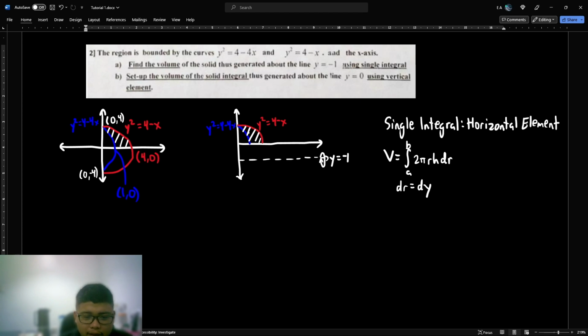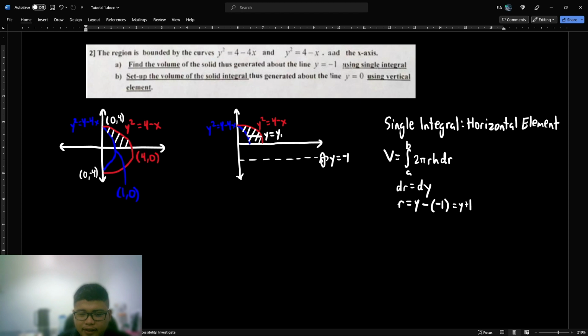So if our element here has a y coordinate of y, our uppermost position would be equal to y, and then we want to subtract the value of our axis of revolution, which is -1. Thus, our radius would be y plus 1.